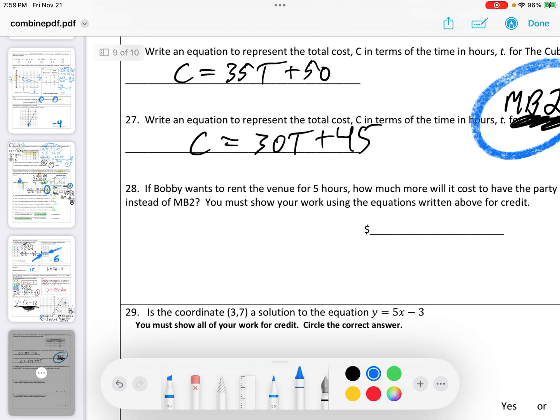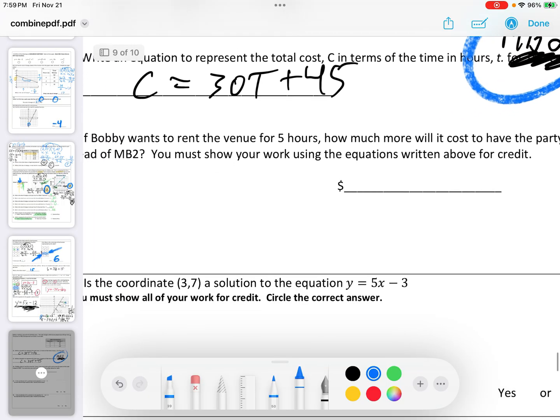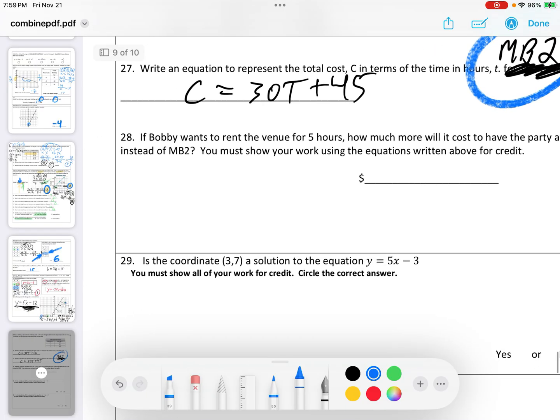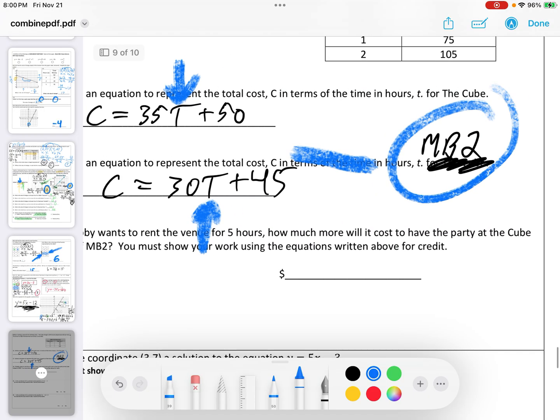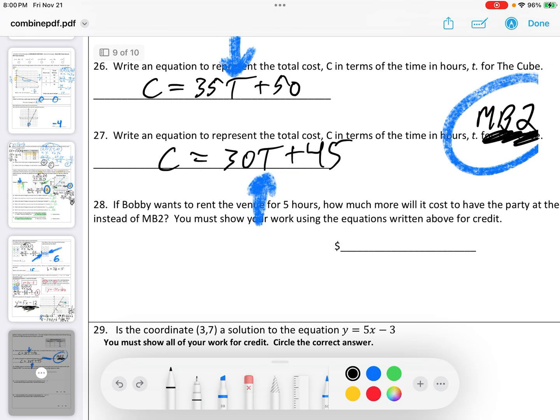If Bobby wants to rent the venue for 5 hours, how much more will it cost to have the party at the Cube? All right, well, let's show the work. 5 hours. We're going to put 5 for time and see how much more. We get to do math.